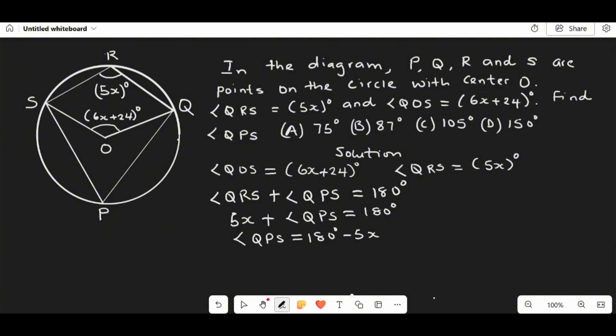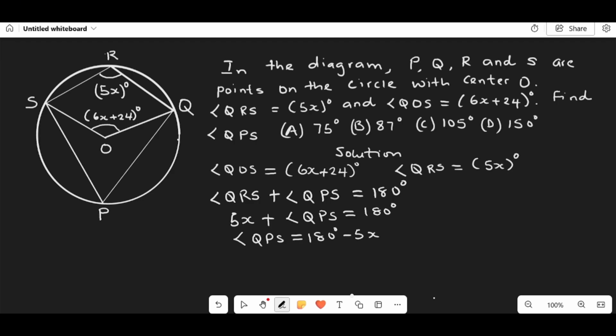In this diagram, you will see that our angle QPX and angle QOX both are standing on arc XQ, and our angle QOX is the angle at the center, whereas our angle QPX is the angle at the circumference. And angle at the center is twice angle at the circumference.